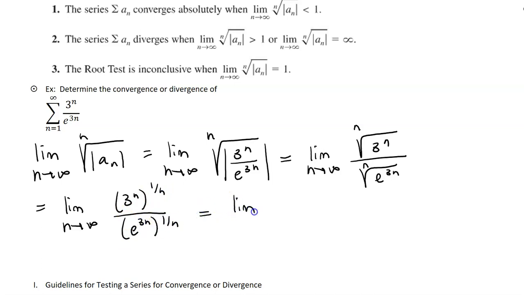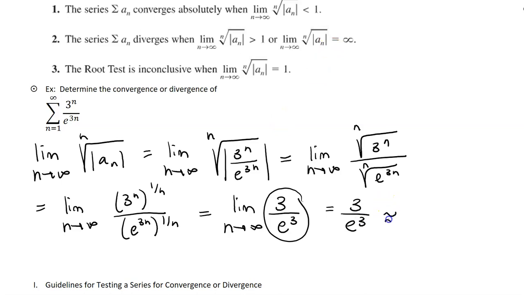So this gives me the limit as n approaches infinity of 3 to the first power, n times 1 over n, divided by e to the third power, because that would be 3n over n. And this is a constant, so this is just 3 over e cubed. Now the question is, is it less than 1, or greater than 1, or equal to 1?